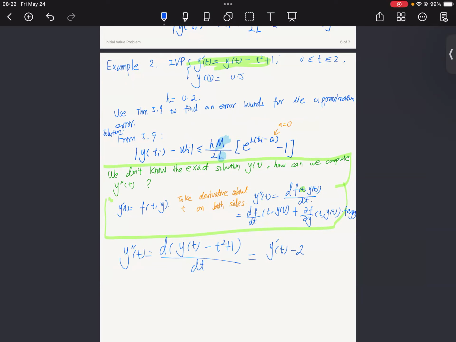Again, y'(t) equals y(t) minus t squared plus 1, and this is the function.